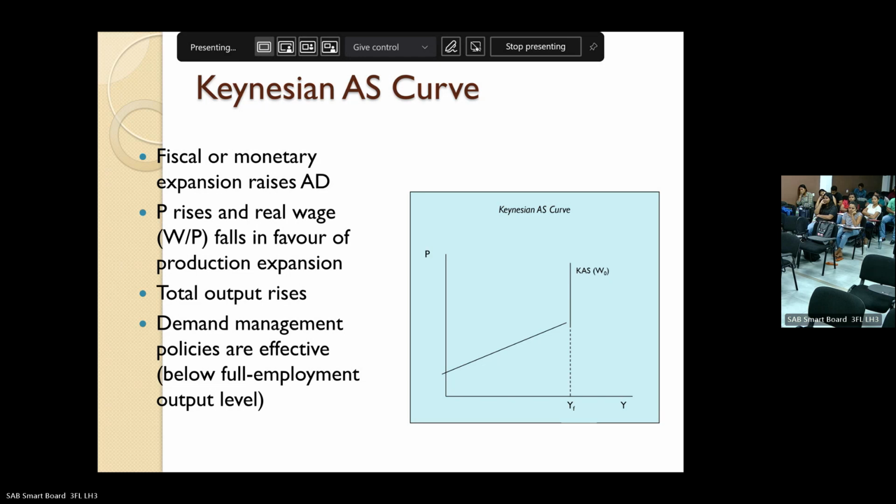Because if you draw the horizontal aggregate supply and the downward sloping aggregate demand, this determines the price level and the income.